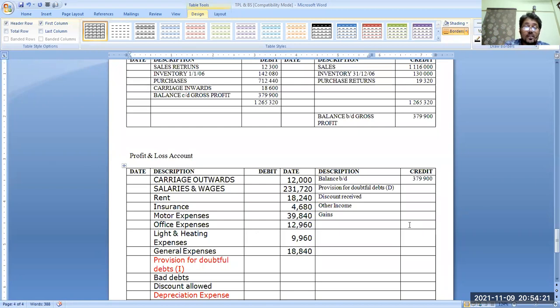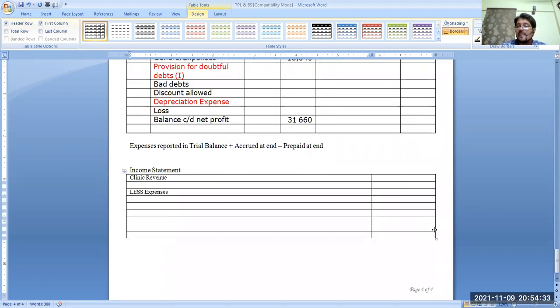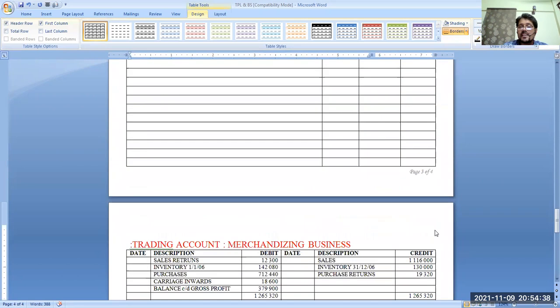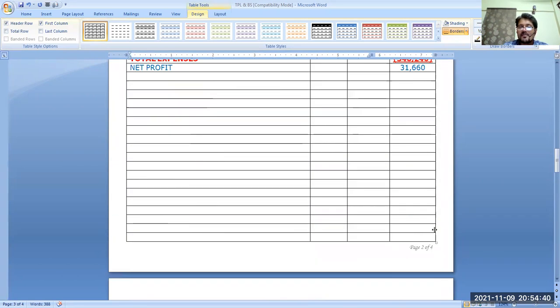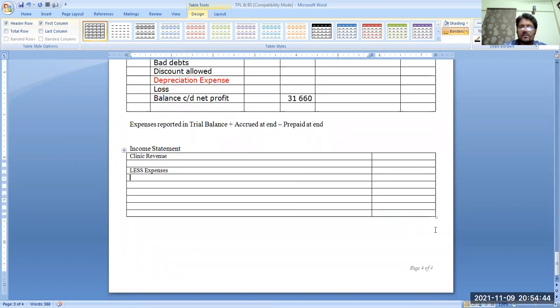When a student knows what is debit and credit in the income statement account, trading and profit and loss, he can easily answer that MCQ as well. Are you getting my point? That's why I've spent a lot of time yesterday and today on the income statement only. Okay. Anything else left? No, it's okay.